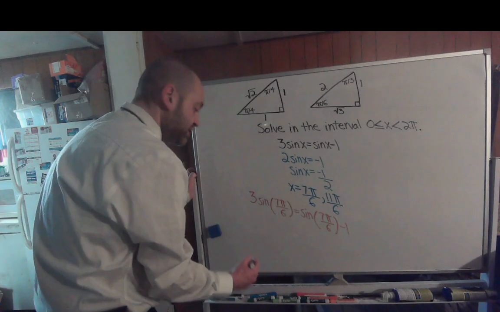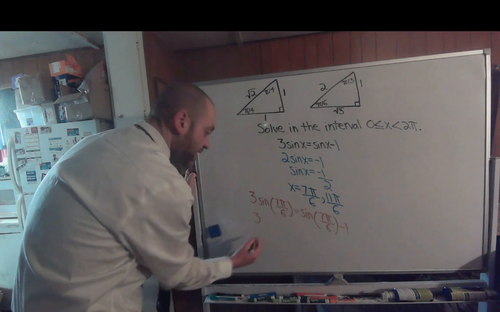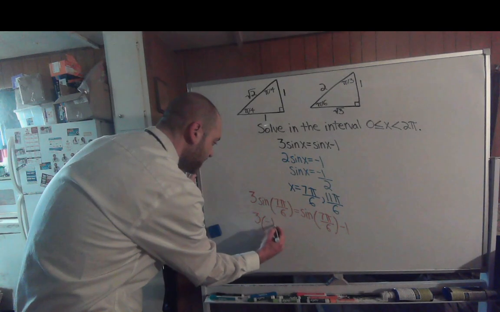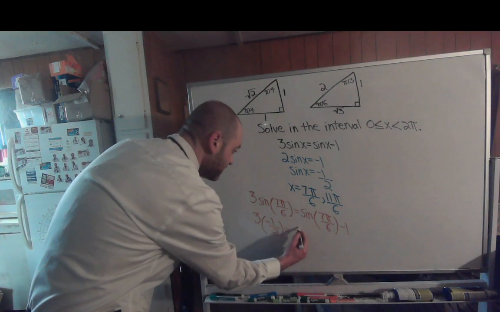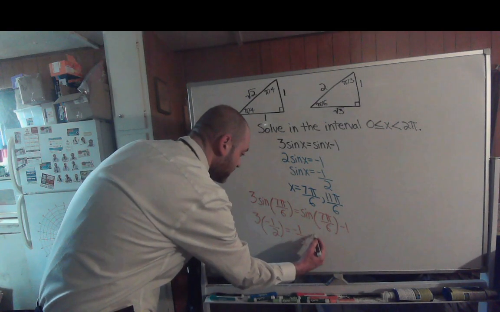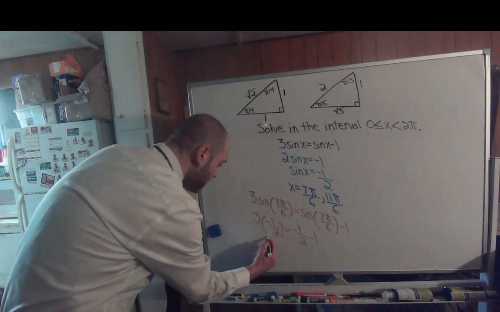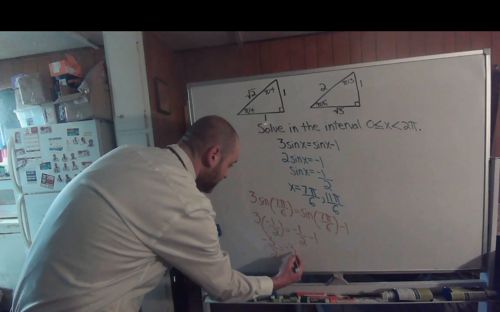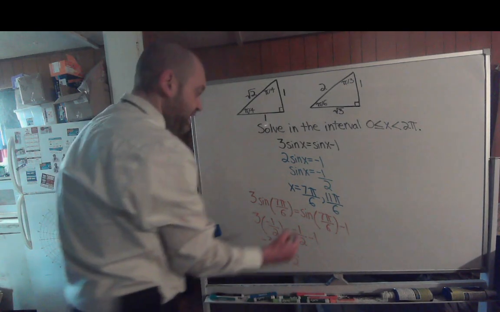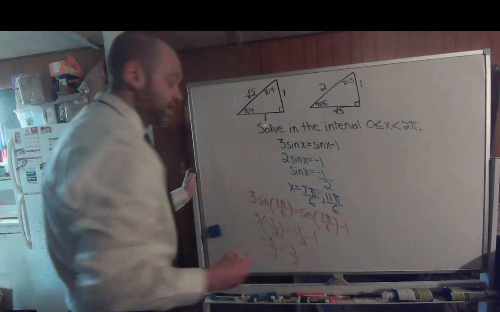Well, what is that going to give you? Sine of 7 pi over 6, that would be negative 1/2. So you get 3 times negative 1/2 equal to negative 1/2 minus 1. So that would give you negative 3/2 equals negative 3/2. So yes, that 7 pi over 6 actually checks out.